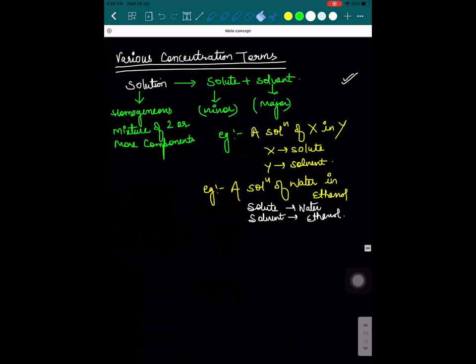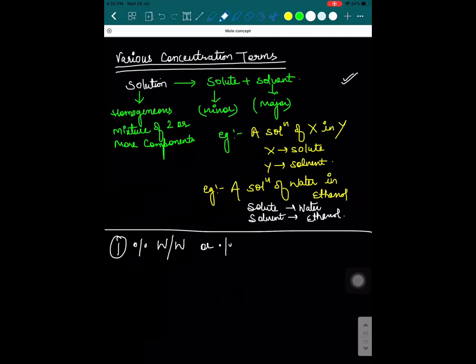Anyways, the first concentration term which I am introducing is percentage weight by weight, or we call it percentage by mass. Actually, what is a concentration term?